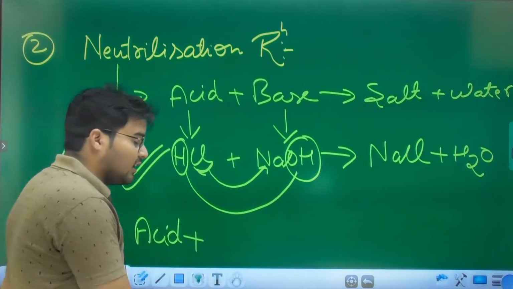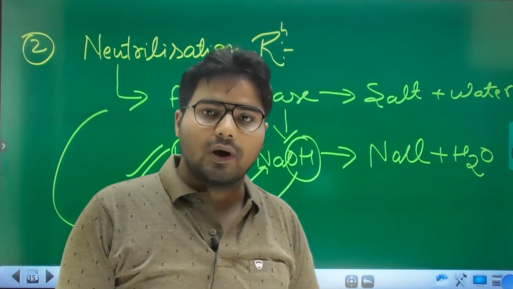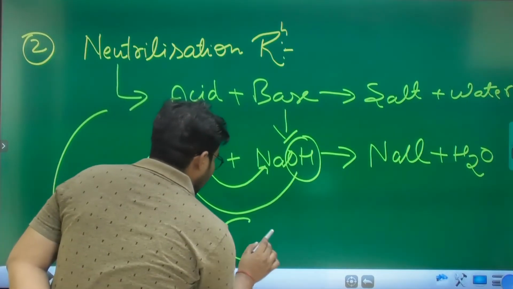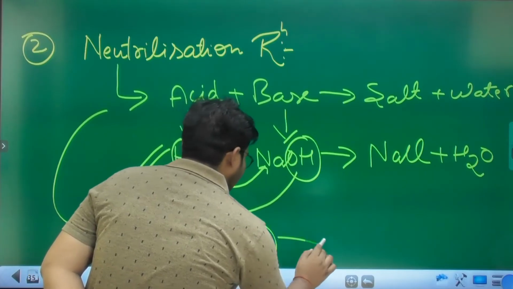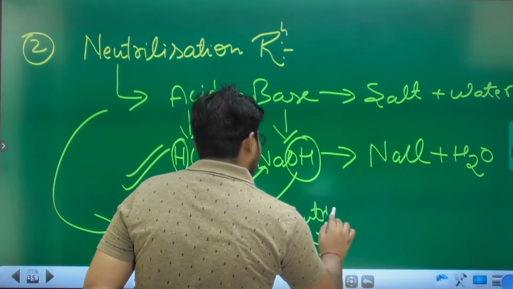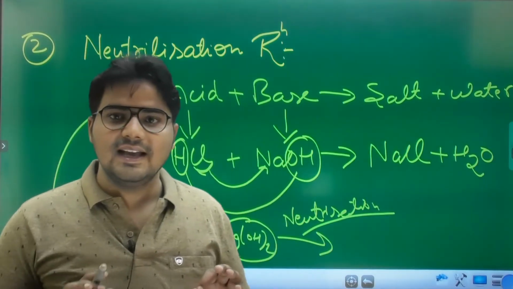The doctor gives you a solution of Mg(OH)2, magnesium hydroxide, and this is called milk of magnesia, and it neutralizes the acid, and after taking this solution you feel relaxed.